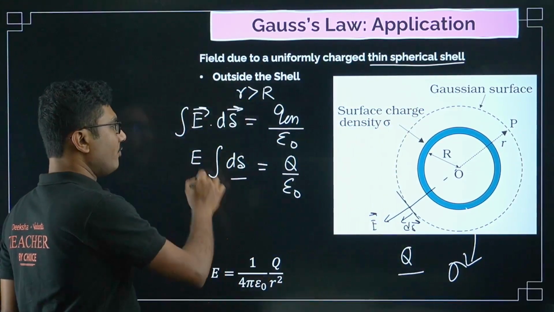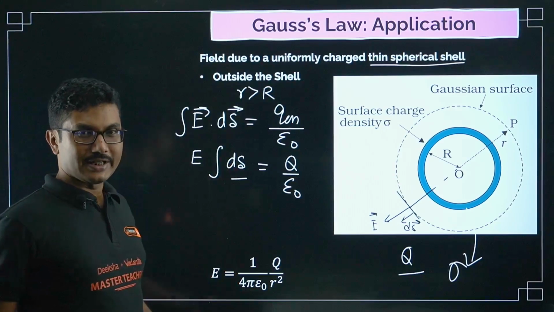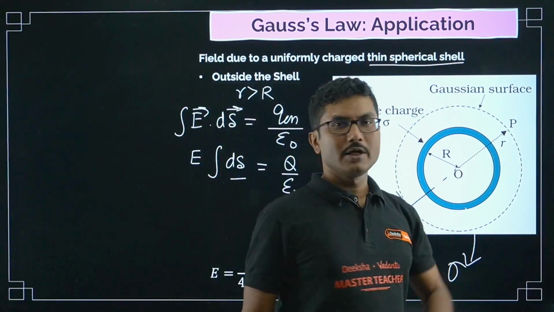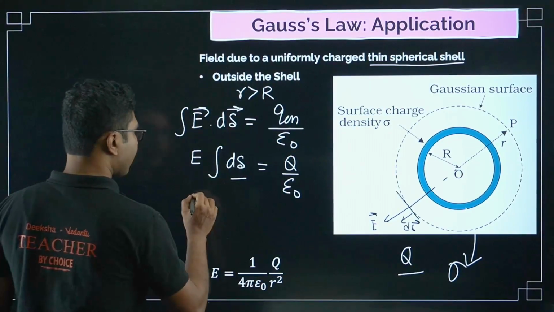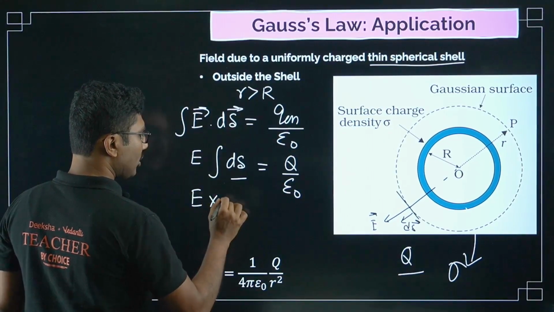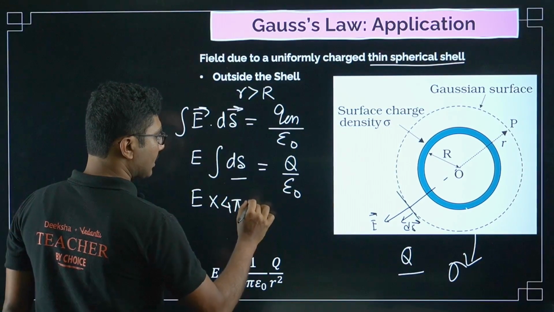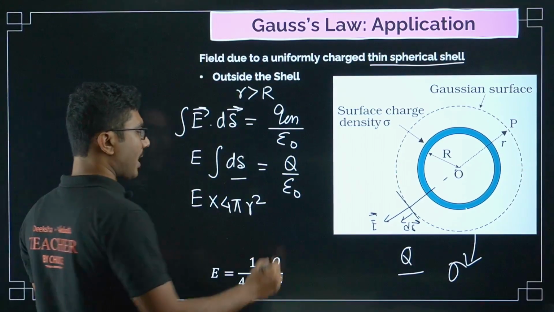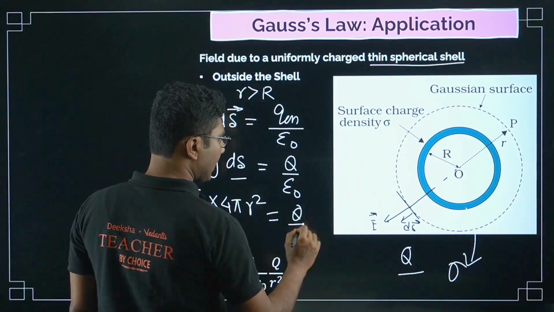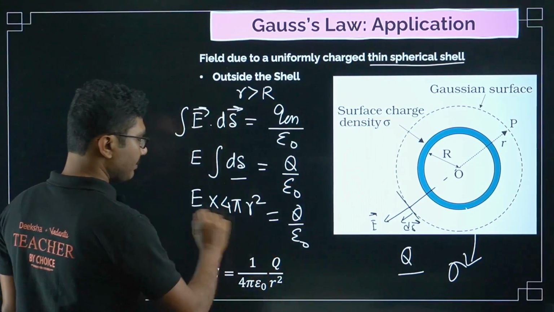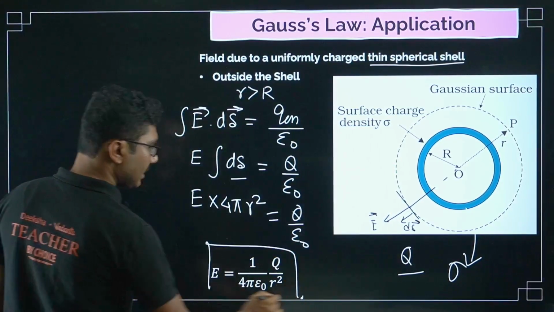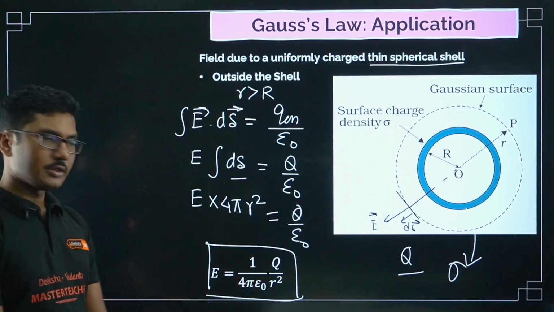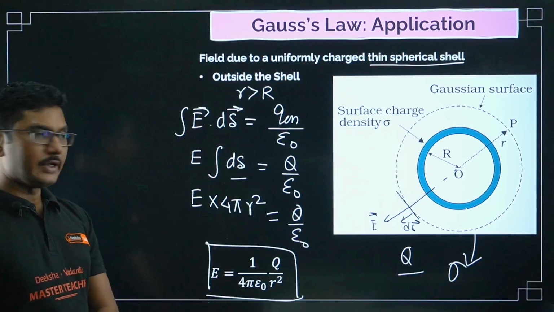The sum of all such surface areas is the integration of ds, that is the total surface area of the sphere of radius small r. Surface area of a sphere is 4 pi r square, so E times 4 pi r square equals Q by epsilon naught, and after simplifying you get the electric field as 1 by 4 pi epsilon naught Q by small r square. So this is the electric field formula.